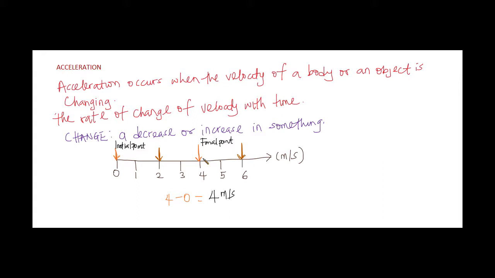The change in this person's velocity, because this is a velocity axis, would be the final point minus the initial point: 6 take away 2, and we have also 4 meters per second. So that's the crucial thing about acceleration. There must be a change in the velocity.